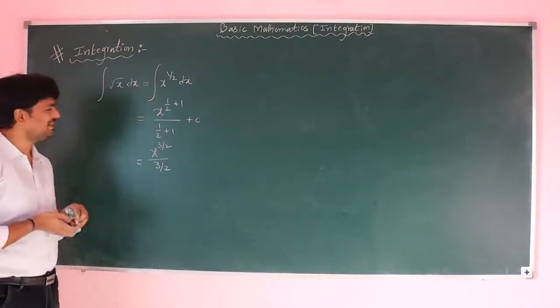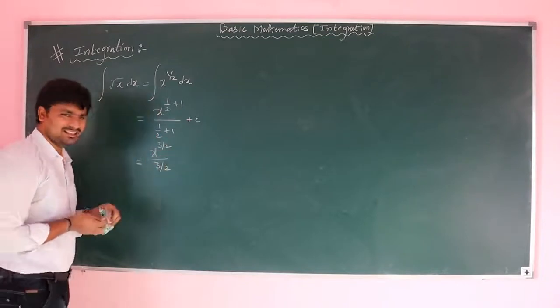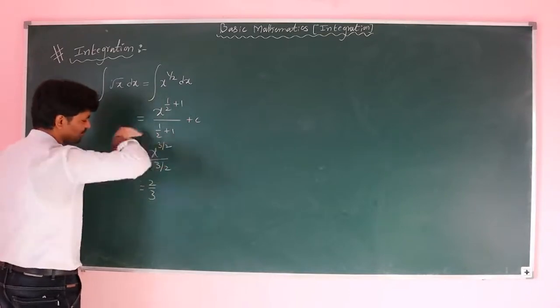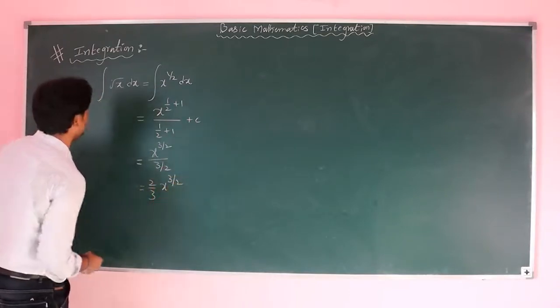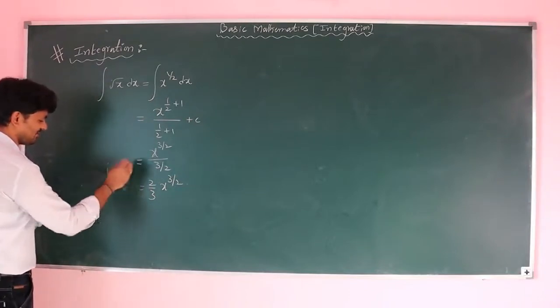Dividing by 3 by 2 means multiplying by 2 by 3. This goes to 2 by 3 into x to the power of 3 by 2. So this is simply the integration of root x.